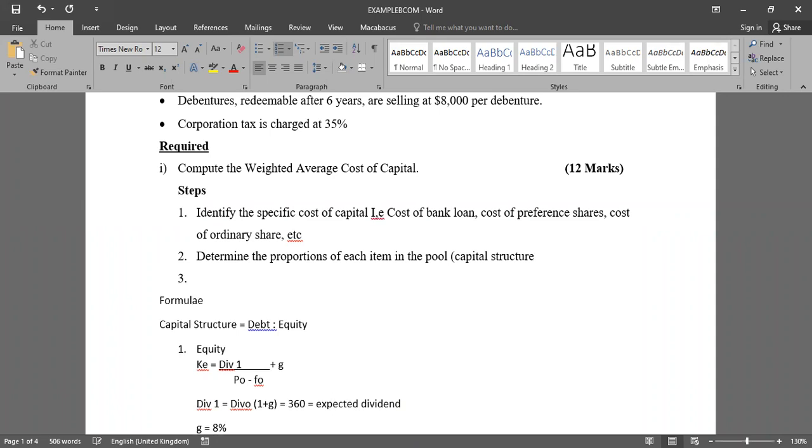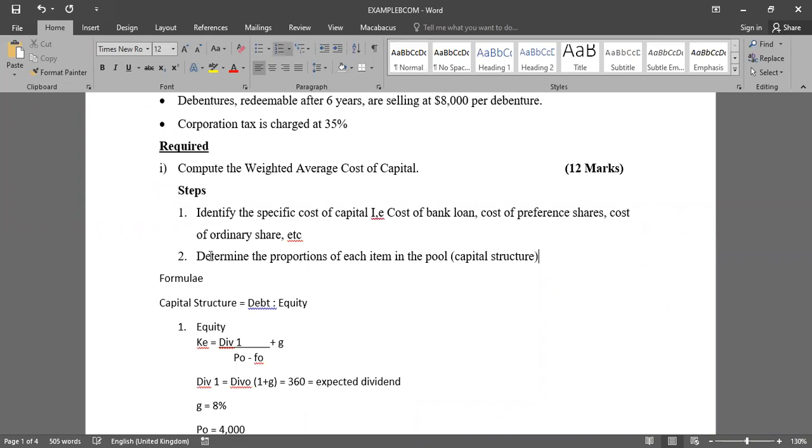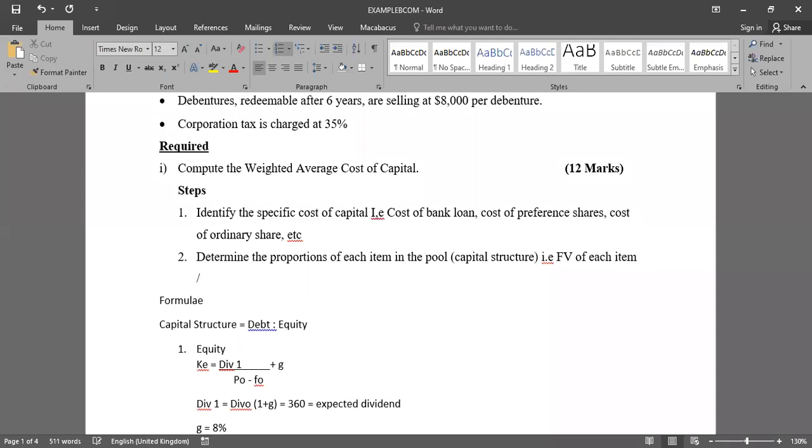What we do is get the face value of each item and divide it by the total face value for capital structure items.